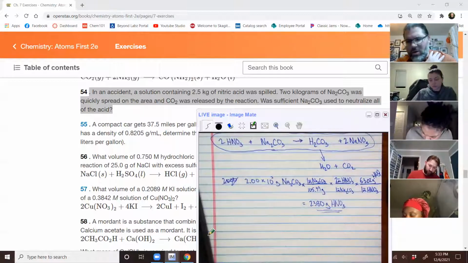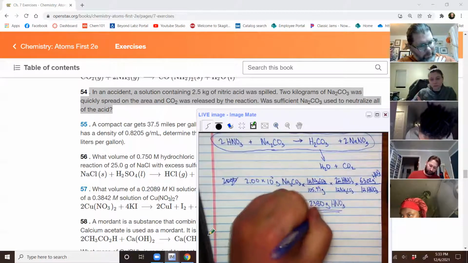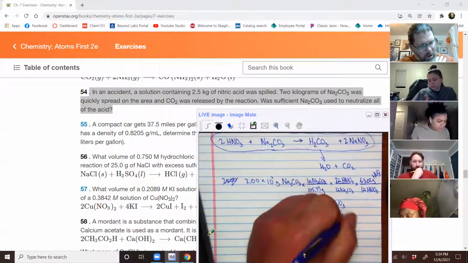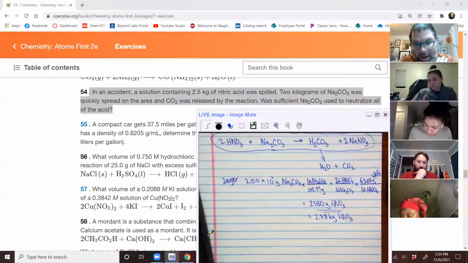So my calculations are saying that my 2 kilograms of sodium carbonate could neutralize 2.38 kilograms of HNO3, which means we didn't use quite enough sodium carbonate, right?